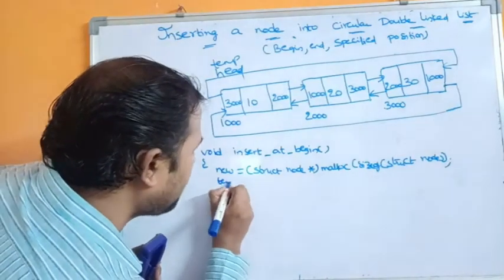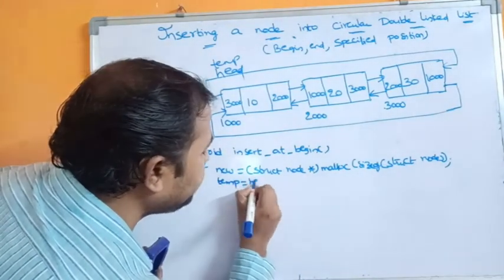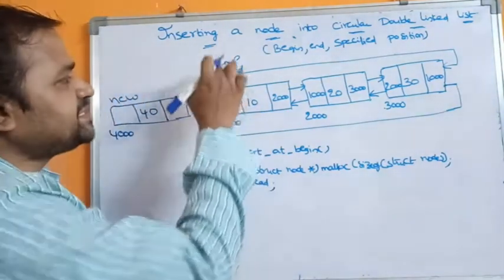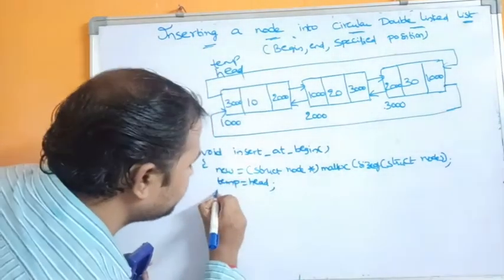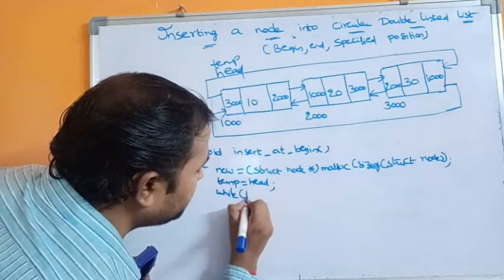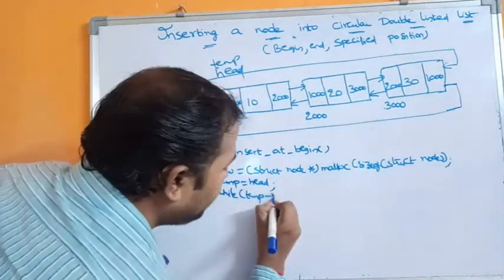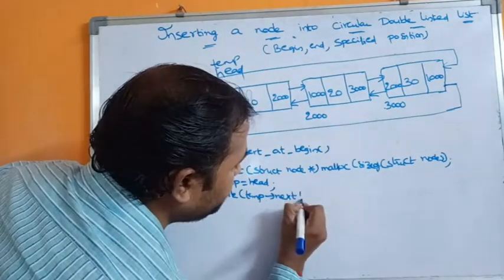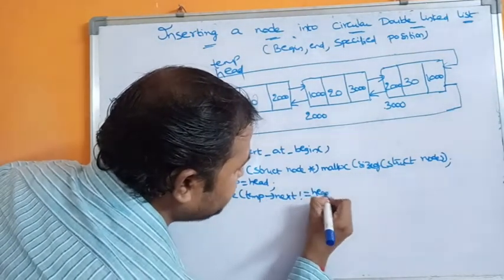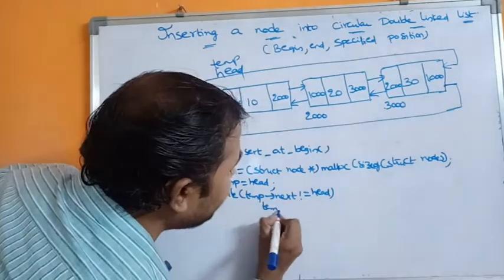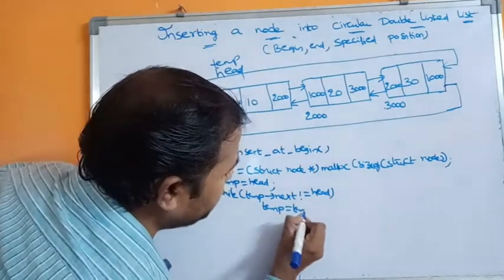Initially we have to place temp at head location. So temp is placed at head location, that is 1000. Next one is while temp arrow next not equal to head. If this condition is true, then traverse temp to its next node.